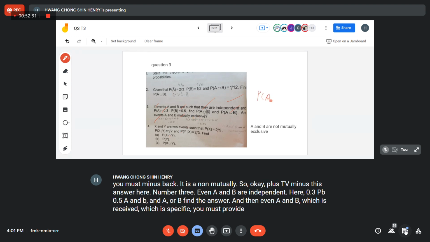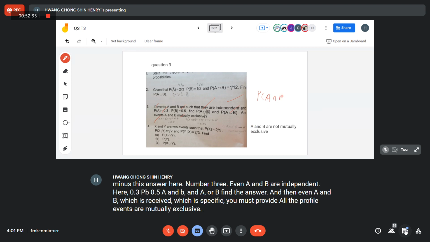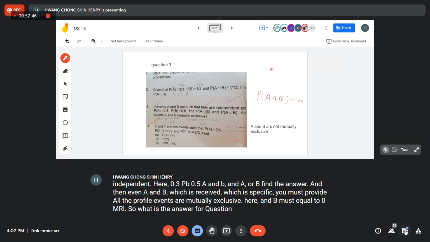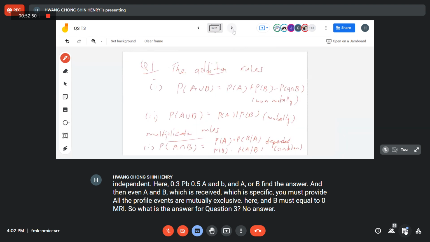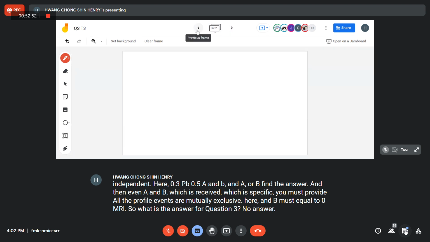How to prove events are mutually exclusive? P(A and B) must equal to 0, am I right? So what is the answer for question 3? No answer. Okay, no answer.